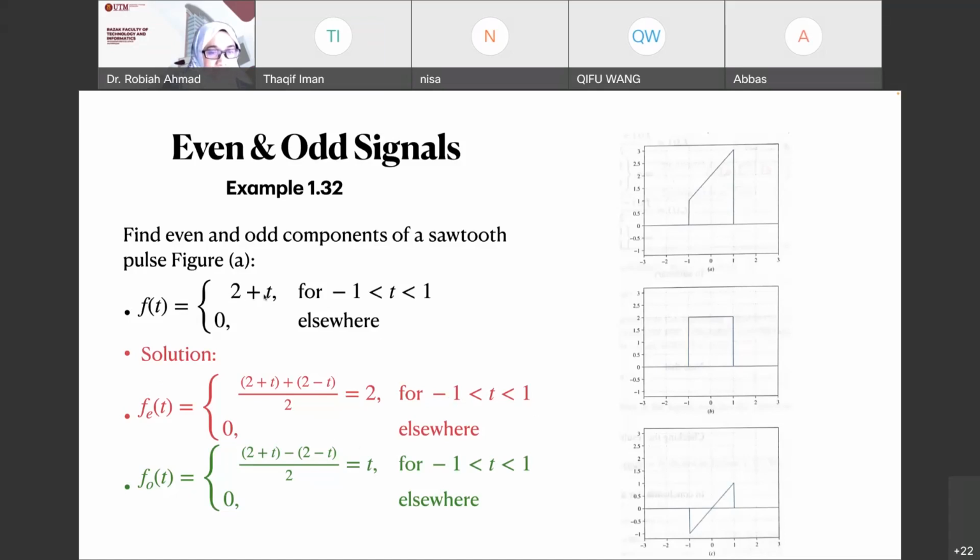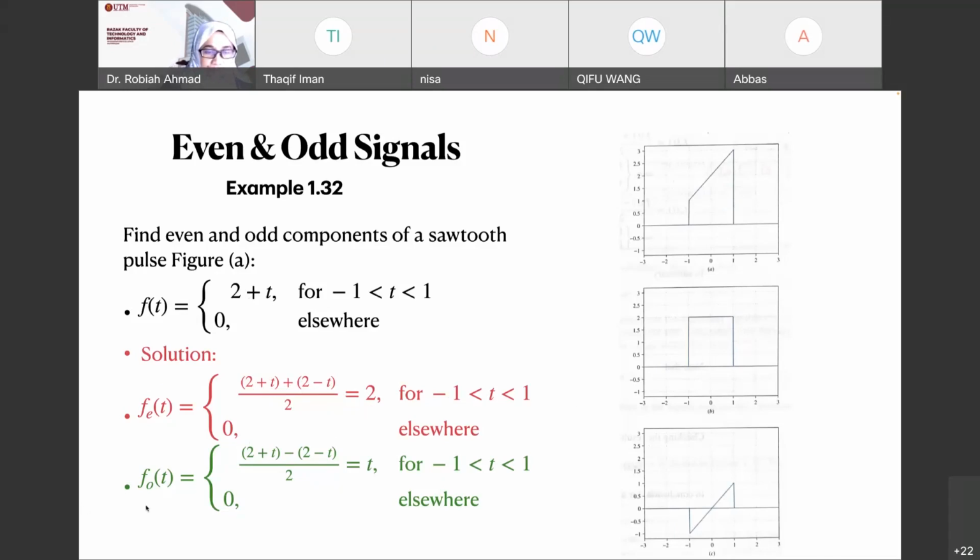So the signal is 2 plus t, and then the reversal is 2 minus t. Okay, so signal plus reversal divided by 2, and then 2 plus 2, 4, t minus t cancel out, 4 divided by 2 will be 2. So this is the even signal of the above signals.